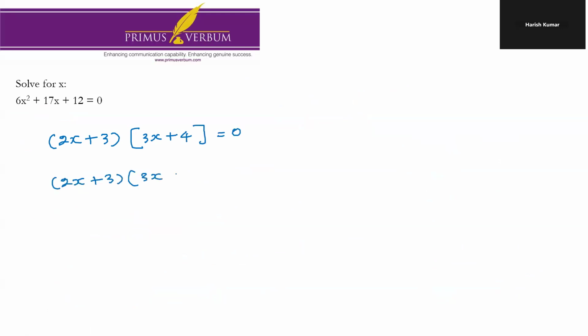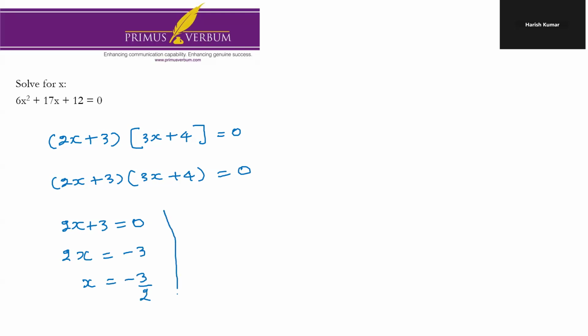So then we first equate 2x plus 3 equal to 0, using the zero product property. So then 2x should be equal to minus 3, x is equal to minus 3 by 2.